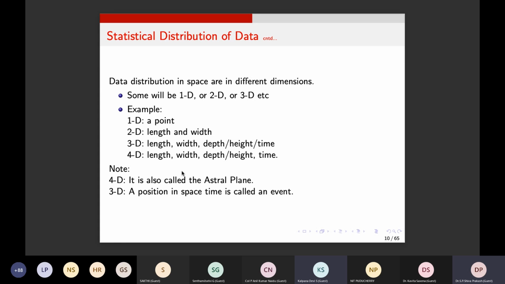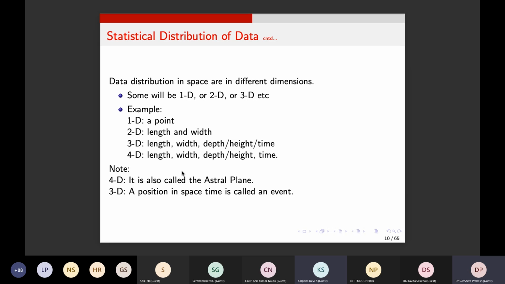For three dimensions, length, width, and depth or height, or time, we can pass as a parameter. For four dimensions, along with length, width, and depth, we can use time as a parameter. In fact, 4D is also called an astral plane. For 3D, it's a position in space-time, or we can also call it an event.